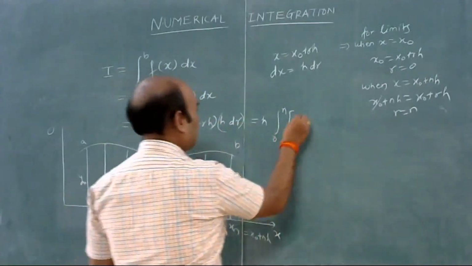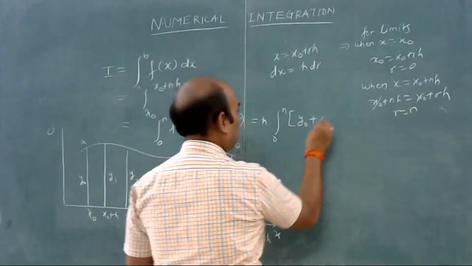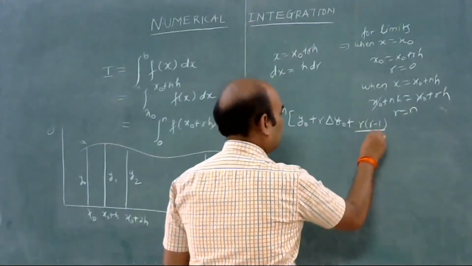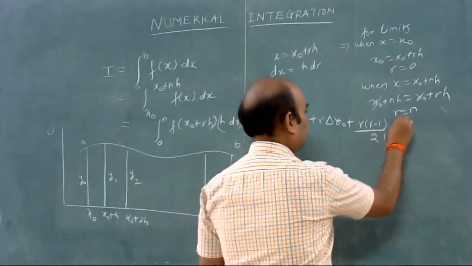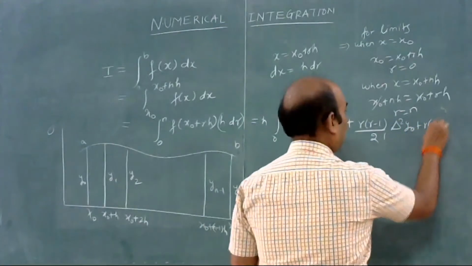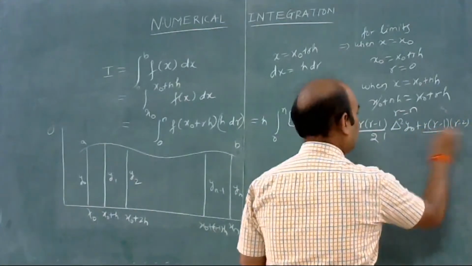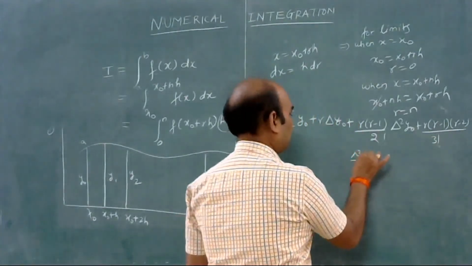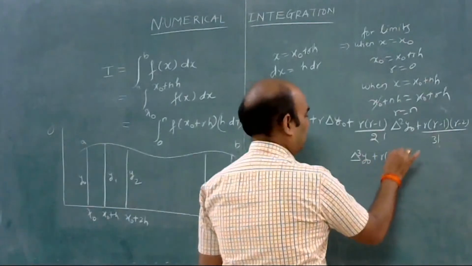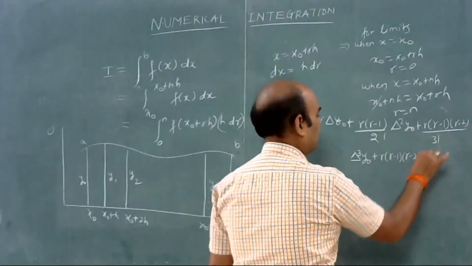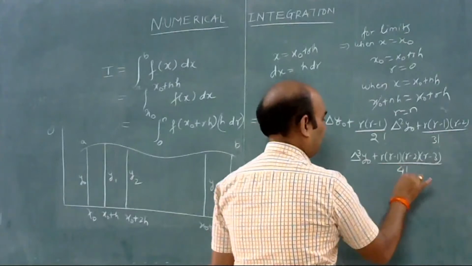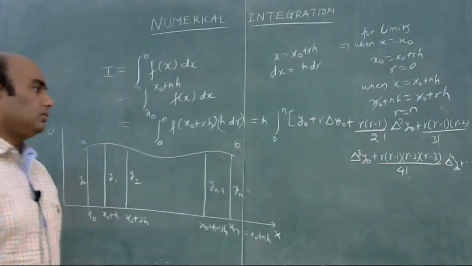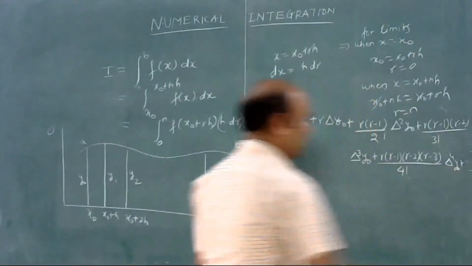So this can be written as y naught plus r into delta y naught plus r into r minus 1 divided by factorial 2 delta square y naught plus r into r minus 1 into r minus 2 divided by factorial 3 delta cube y naught plus r into r minus 1 into r minus 2 into r minus 3 divided by factorial 4 delta to the power 4 y naught, and so on, into dr.